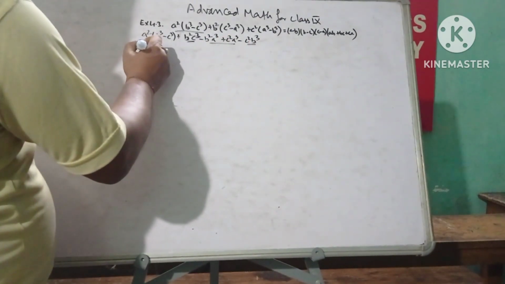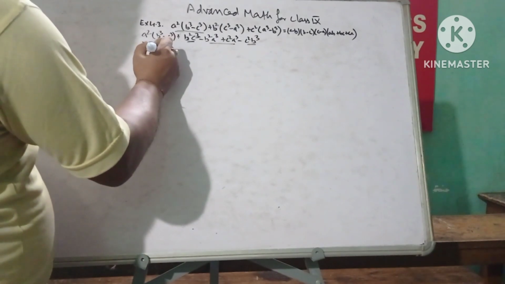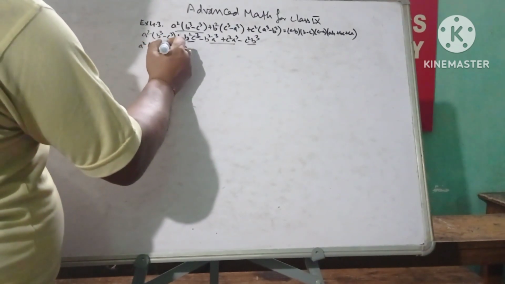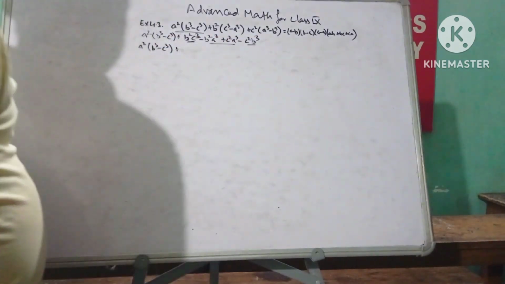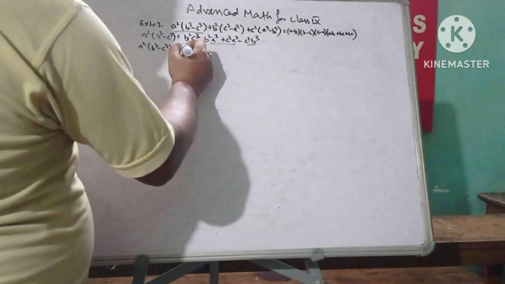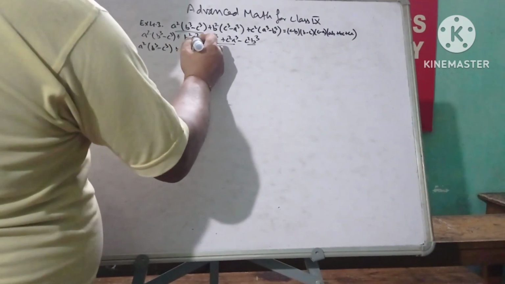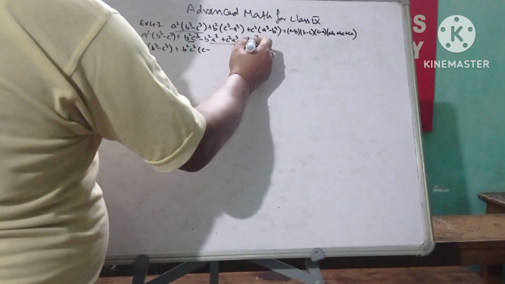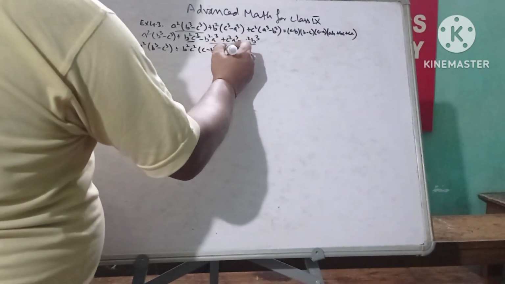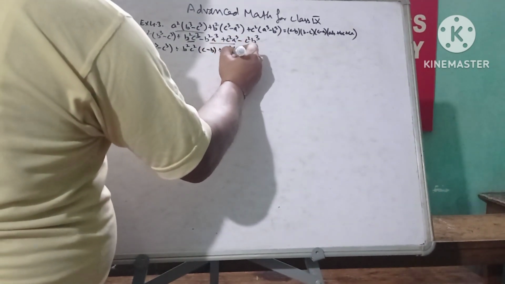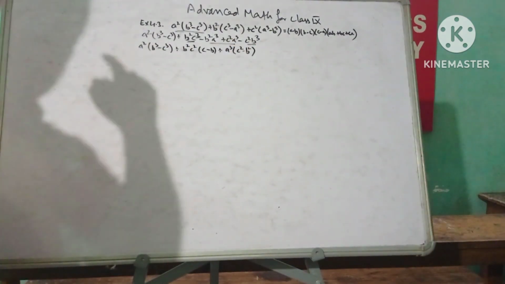So here this is a square (b cube minus c cube), and from these two we are going to get b square c square. So here remains c minus b, and again from here we are going to take a cube common, so c square b square remains here.